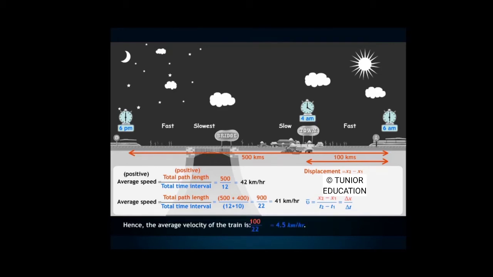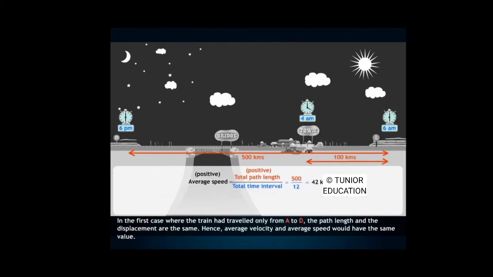Hence, the average velocity of the train is 100 by 22, which is about 4.5 kilometers per hour. The SI unit of velocity is meters per second. However, in everyday circumstances, we use kilometers per hour. As velocity involves direction, it is a vector quantity and sign convention is applied just like in displacement.